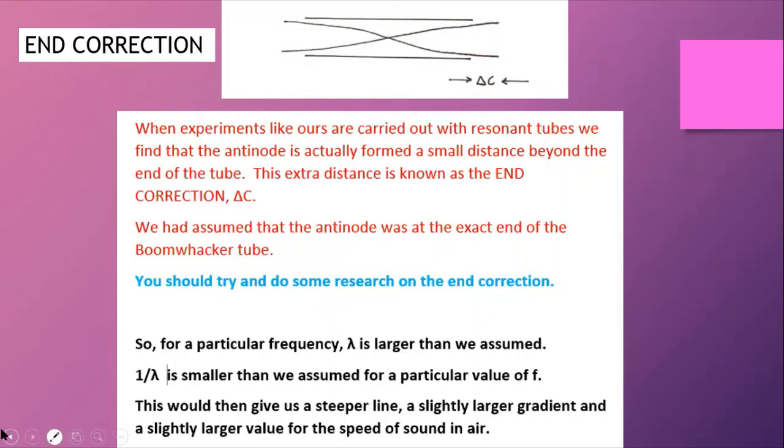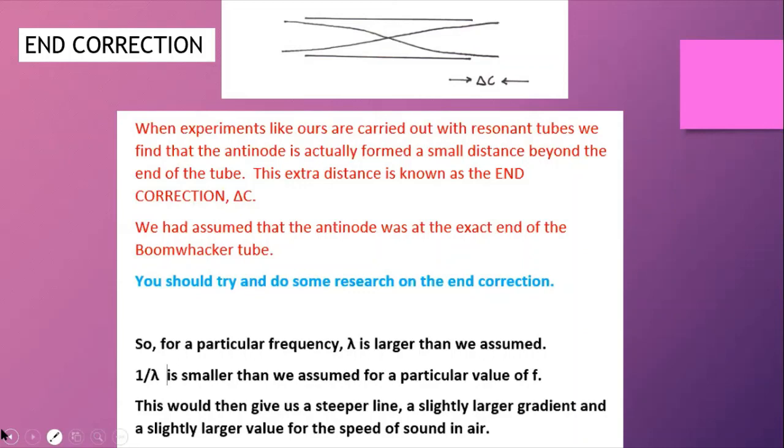Now, we had assumed that the antinode was at the exact end of the Boomwhacker tube. I would recommend that you try and do a little bit of research on the end correction, but please bear in mind that knowing about and using the end correction is not part of the A-level syllabus. So for a particular frequency, lambda would be larger than we assumed. 1 over lambda is then going to be smaller than we assumed for our particular values of f.